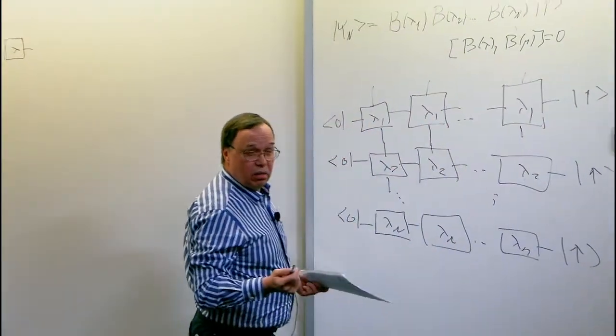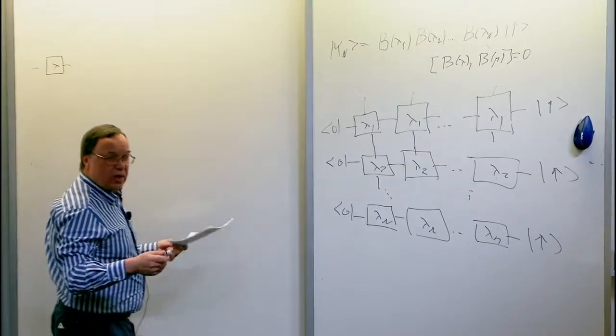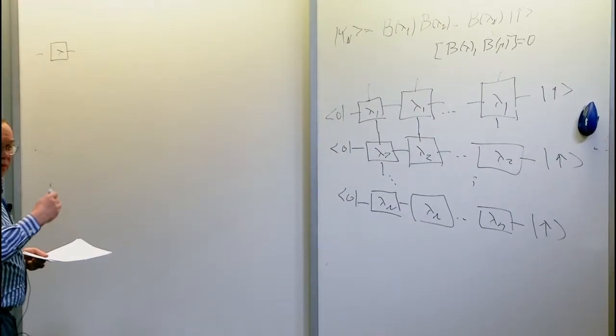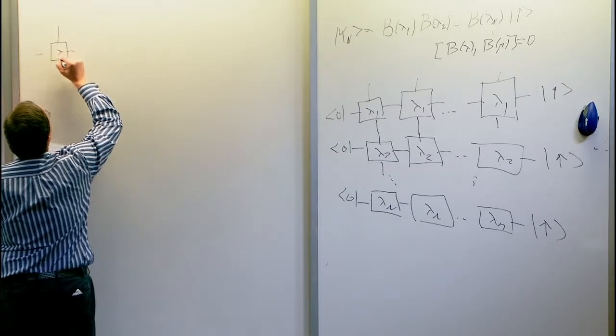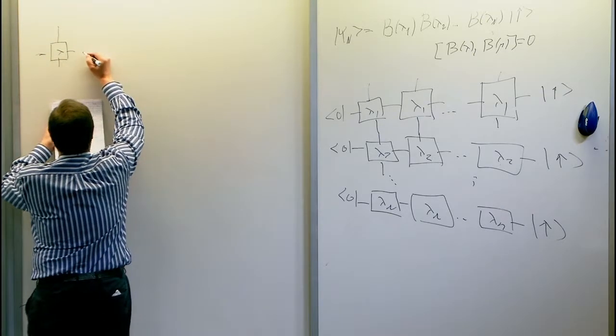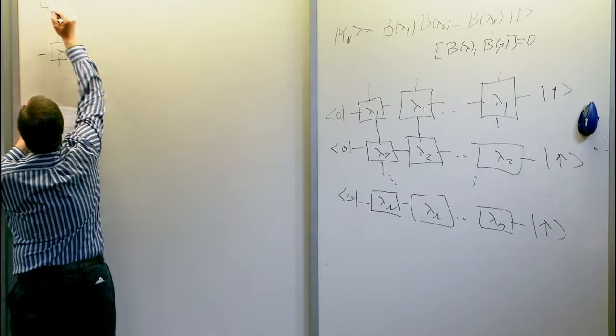I will use the word auxiliary. I have to combine two languages, of tensor networks and algebraic Bethe Ansatz, so sometimes I will use double terminology.